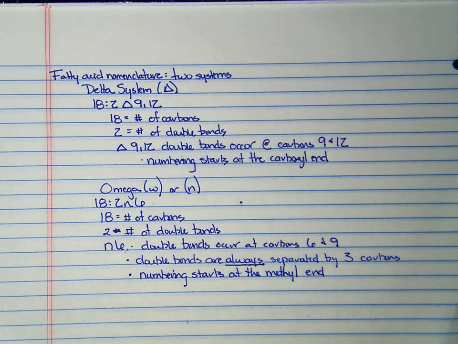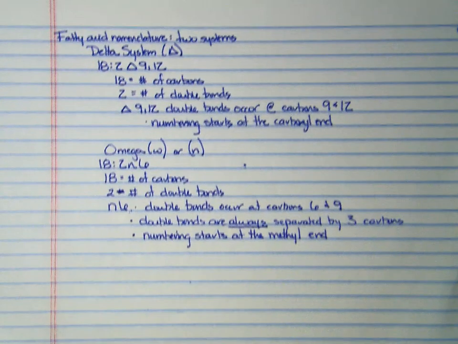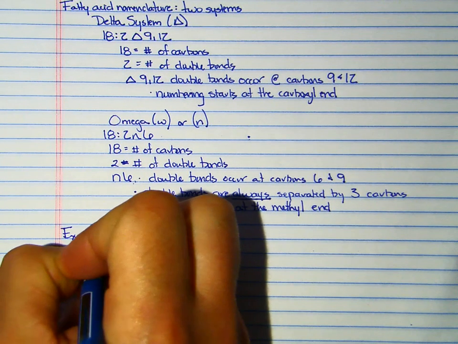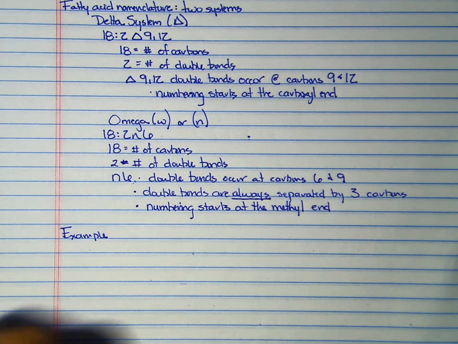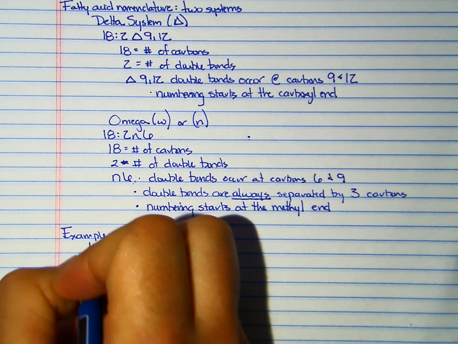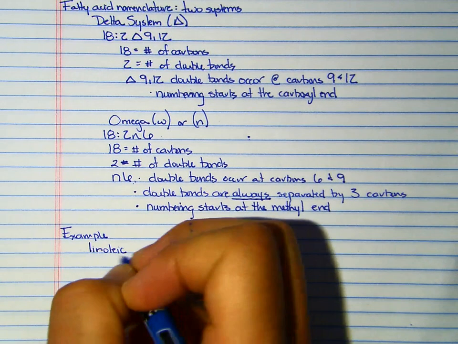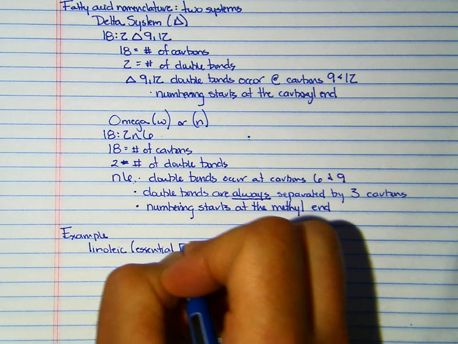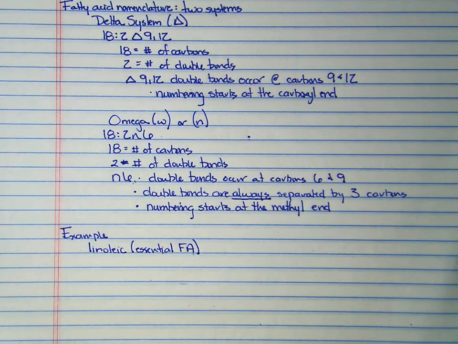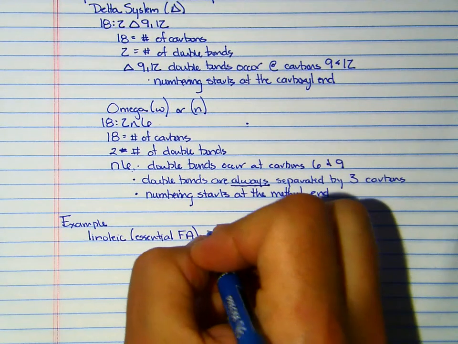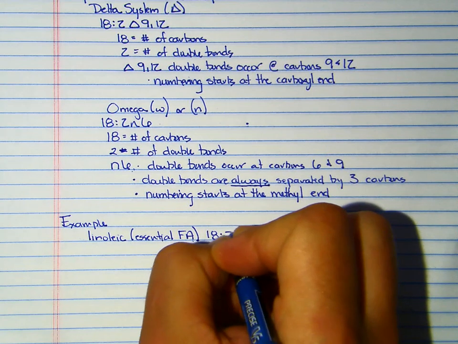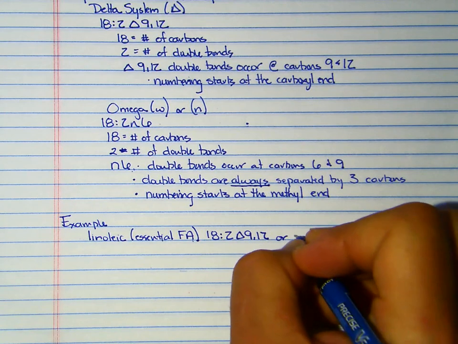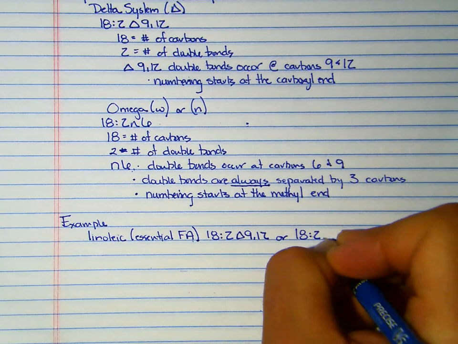Okay, an example. We have linoleic acid, and it is an essential fatty acid, and it is 18:2 delta 9, 12, or if we're naming it using the omega system, 18:2 omega 6.